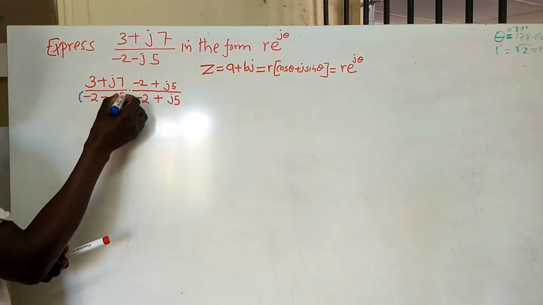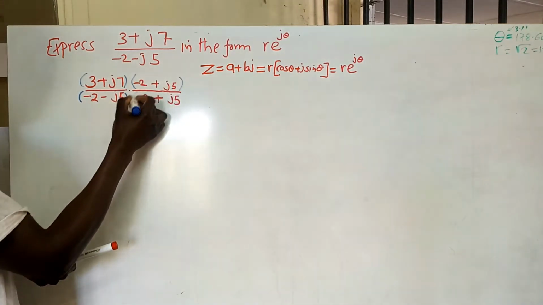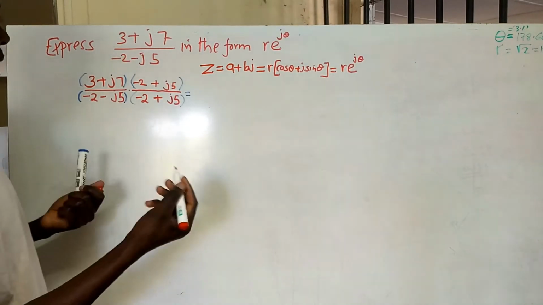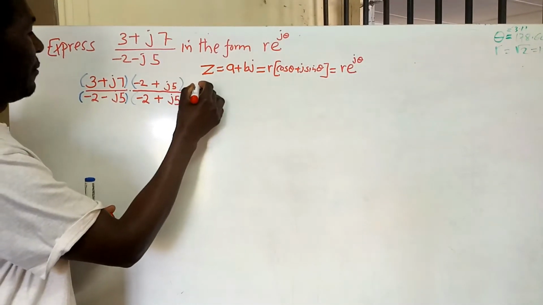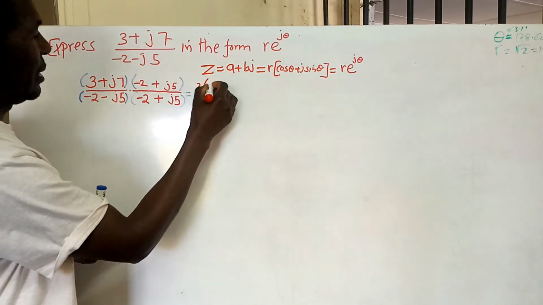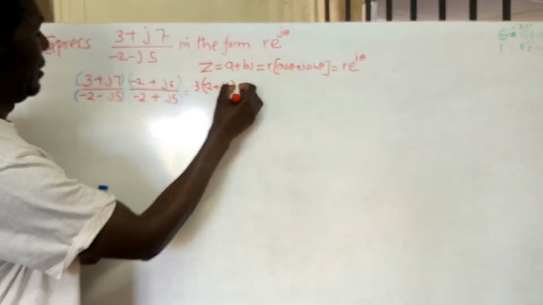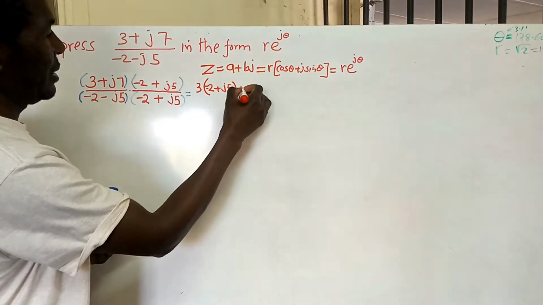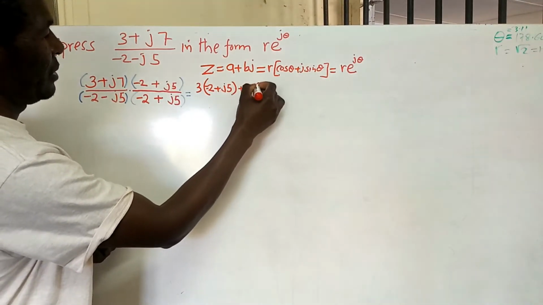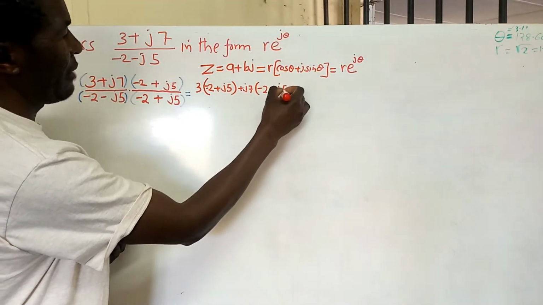Now, to be efficient, we need to use brackets so that our expansion is okay. Now we work it out. We expand the numerator algebraically. So we have 3, the first term here, open the second term, -2 plus j5. Then we take the second term, that is plus j7, into -2 plus j5.